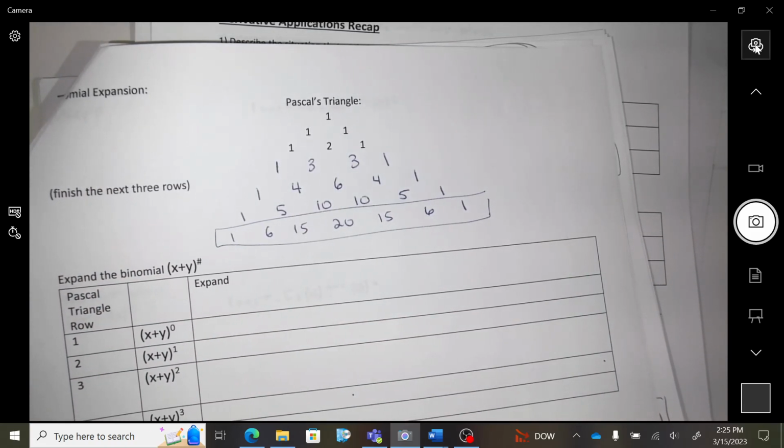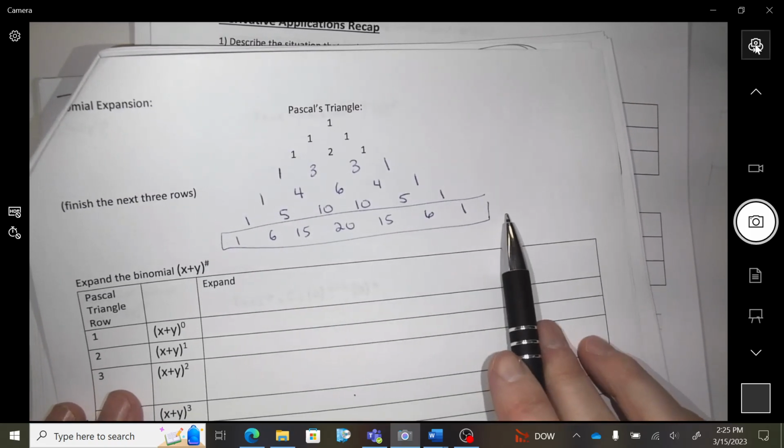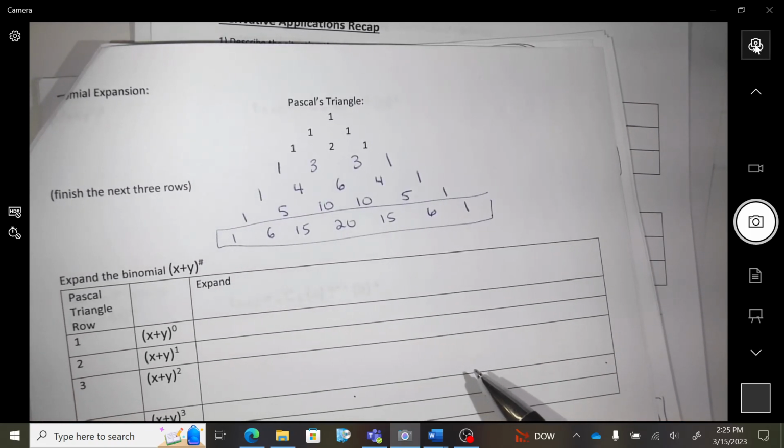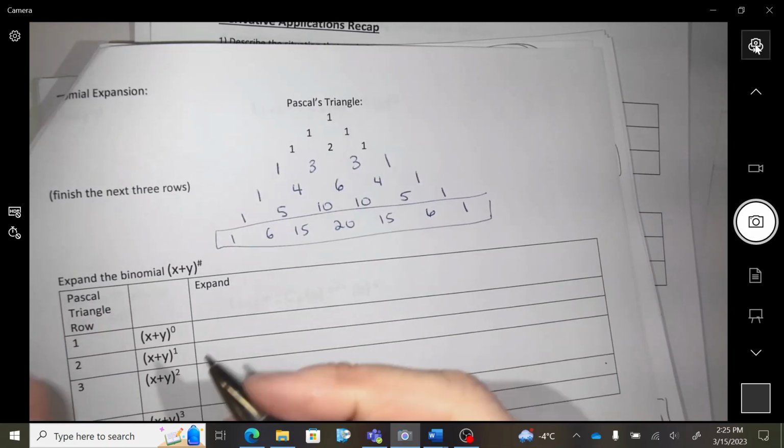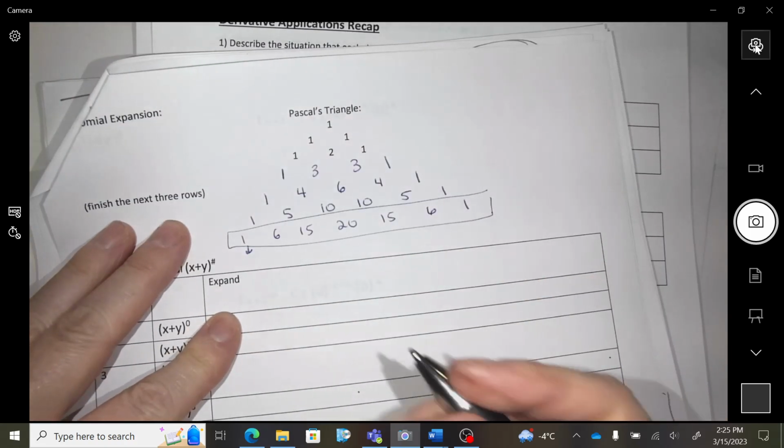Did you get it? So you're always adding the 2 ahead of it. Now, there's also a connection to what we've been doing with our combinations and permutations. So, what does this match to?